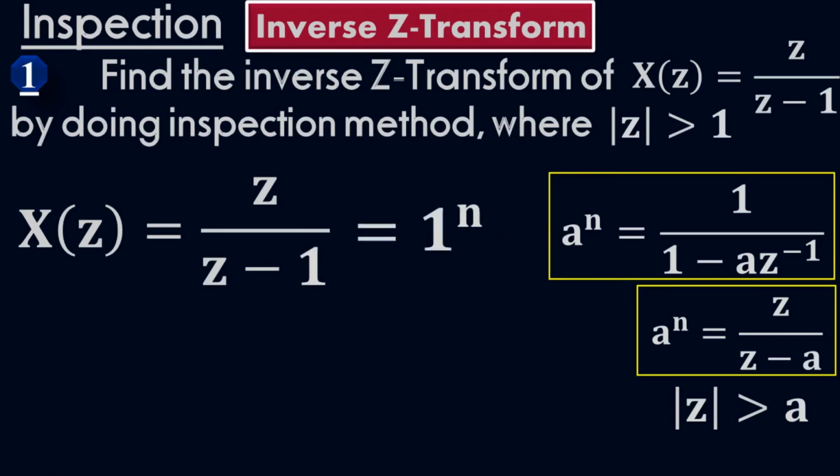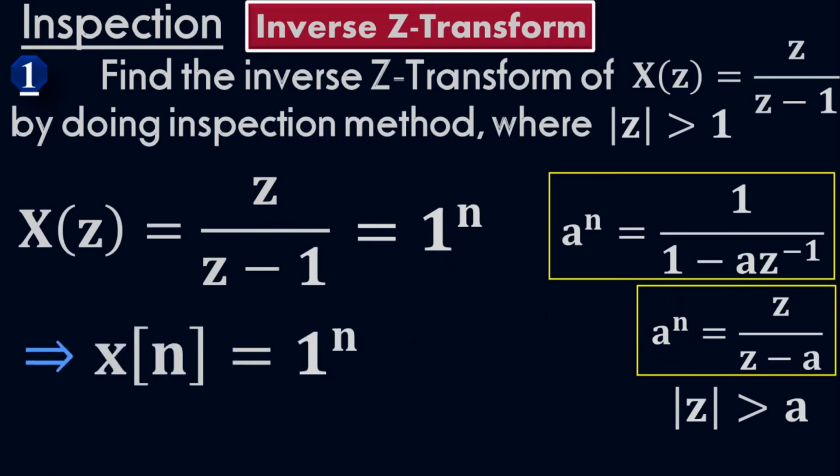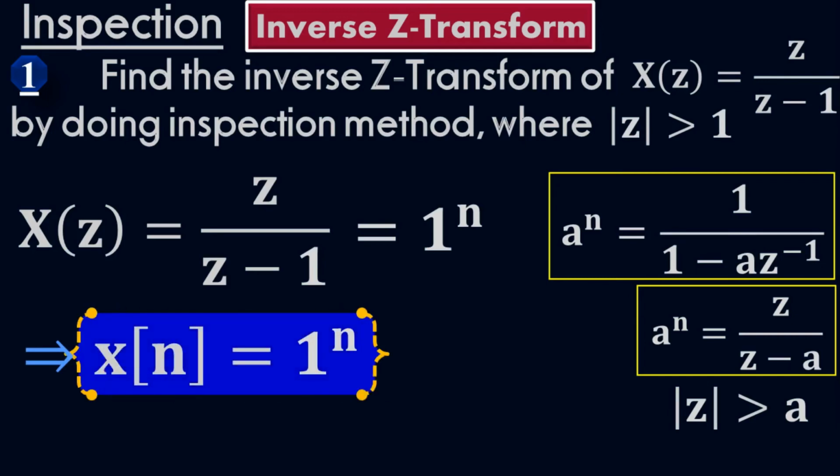1^n is the signal in the time domain. As I said, for the a, I have 1, so I just plug in 1 here. 1^n equals z/(z-1). We just applied this standard result, which implies that x(n) = 1^n. There we got the time domain of the signal.